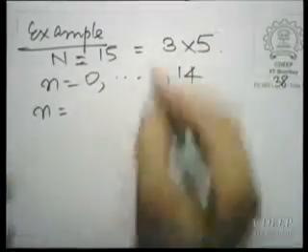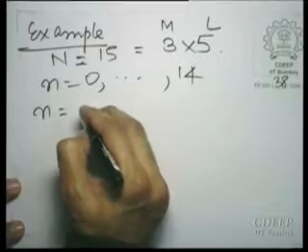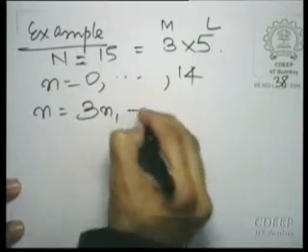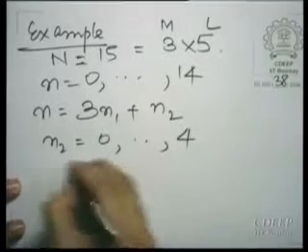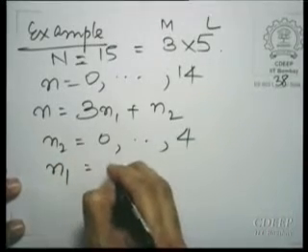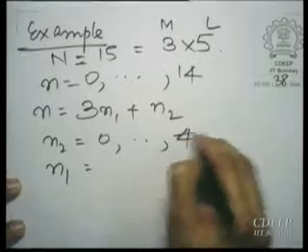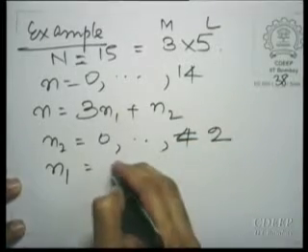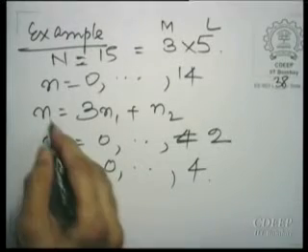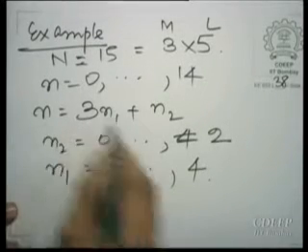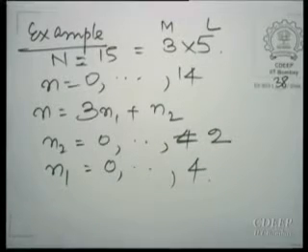So M is 3 and L is 5. In which case I am writing n is 3 times n1 plus n2, whereupon n2 goes from 0 to 2 and n1 goes from 0 to 4. So essentially the maximum number which you would have here is 3 times 4, that's 12, plus 2, that's 14, as expected.